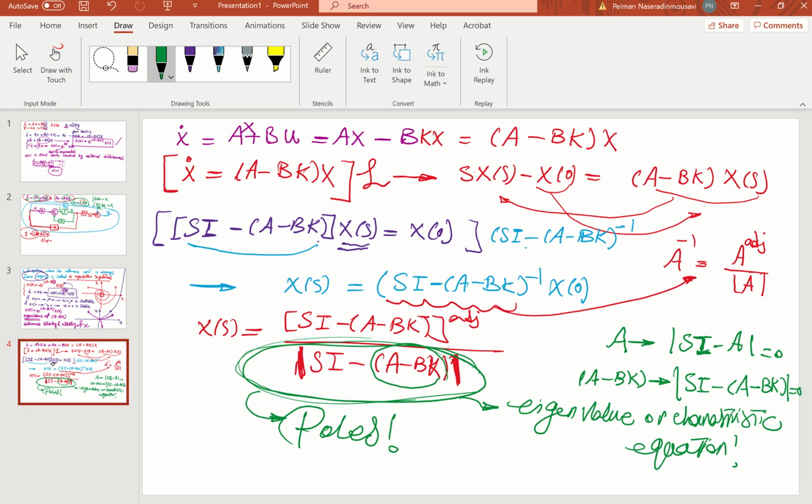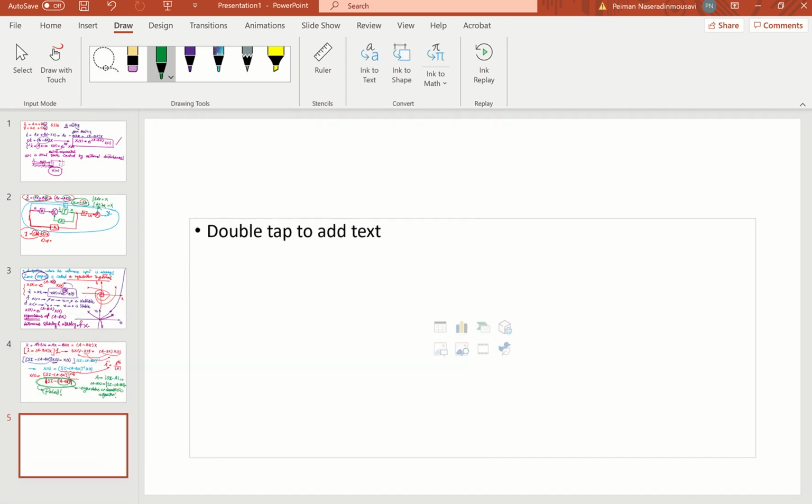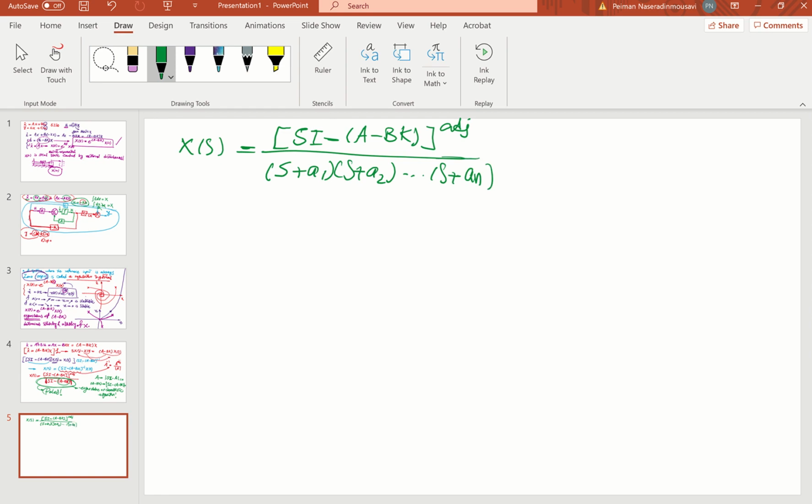On the other hand, let me write it like this. Your X(s), like a transfer function I'm writing, is going to be the adjugate of (sI minus A minus BK) divided by, if you expand that like I did several times, s^n plus a1 s^(n-1) plus a2 s^(n-2) plus up to an, at initial time.